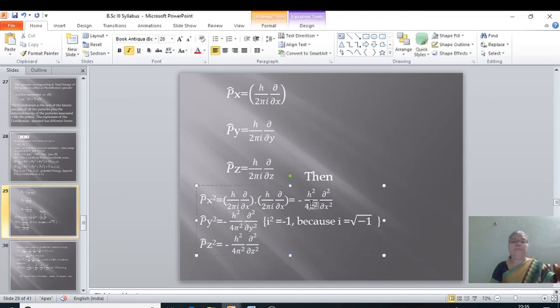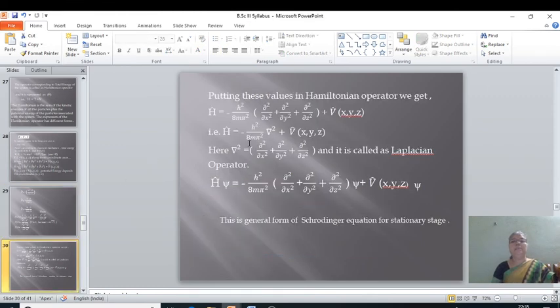Then putting these values in the Hamiltonian operator, we get this equation. The Hamiltonian operator is equal to minus h square upon 8 pi square m into dou square by dou x square plus dou square by dou y square plus dou square by dou z square, plus the potential energy operator along the 3 coordinate axes.